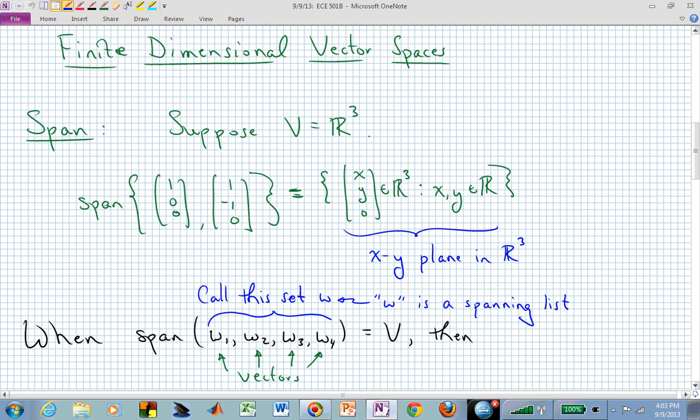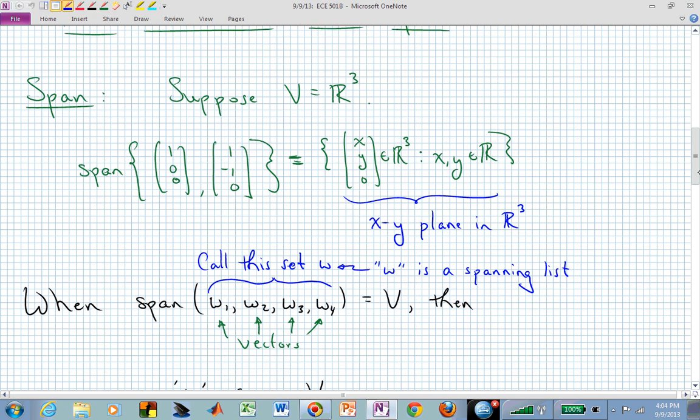Anywhere you can get by linearly combining those two vectors will get you to any location in the xy plane of that three-dimensional space. That's what we mean by span.